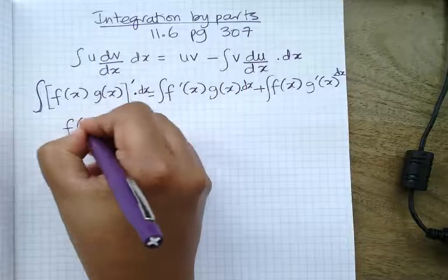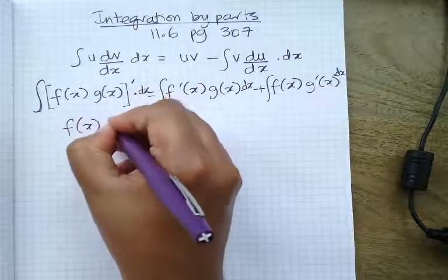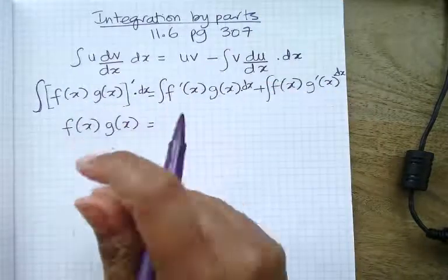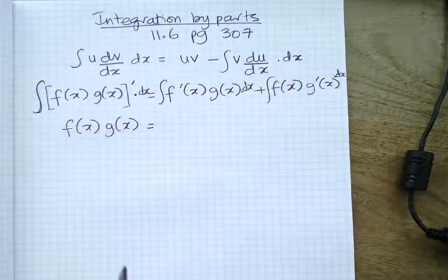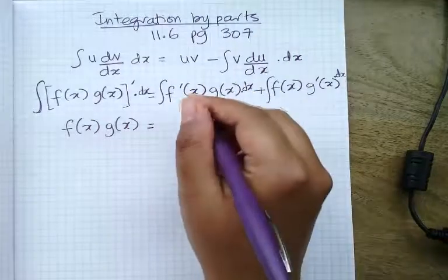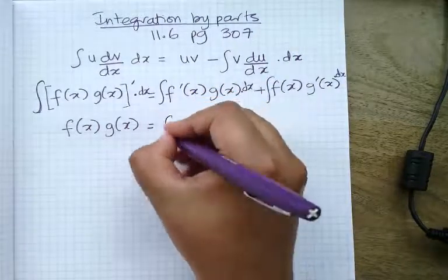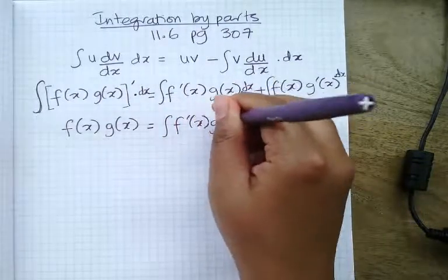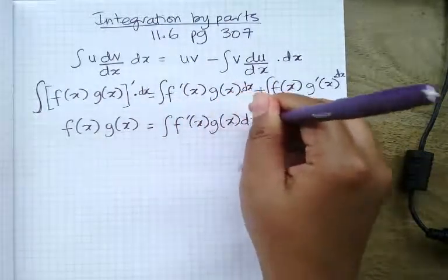So then I'm left with f of x g of x again, because I've just undone my differentiation with the integration. I'm going to leave this as it is, and go to the next step and show you what actually happens.